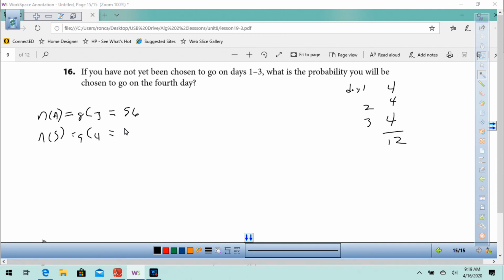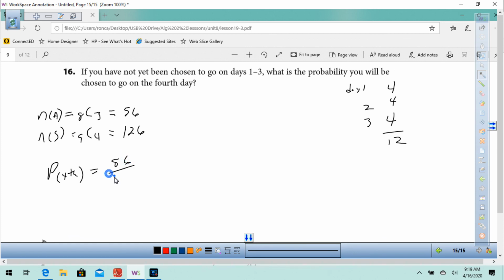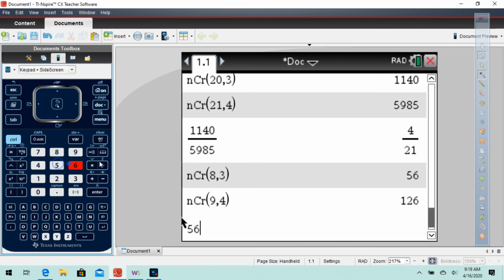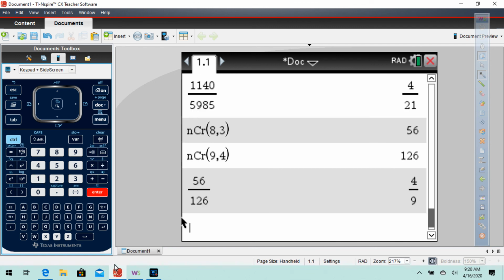That's 126. So the probability of you going on the fourth day would be 56 over 126, which is 4 over 9.